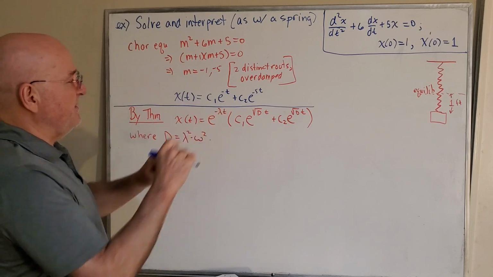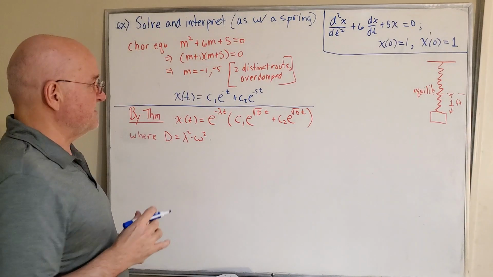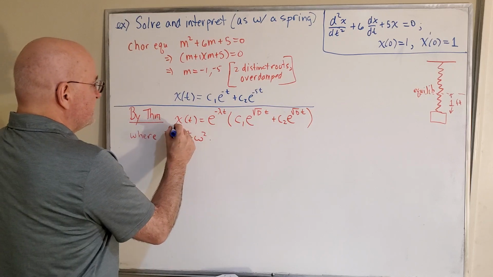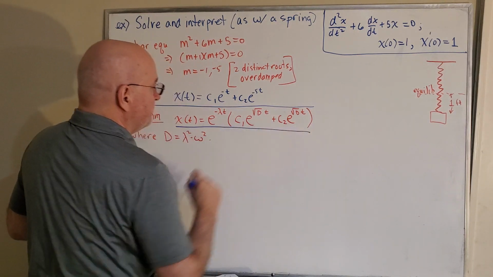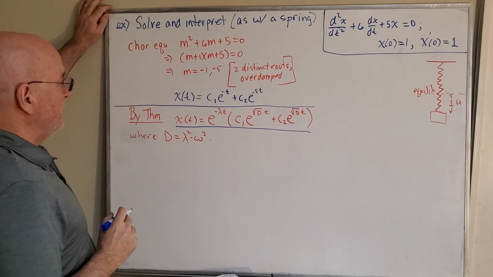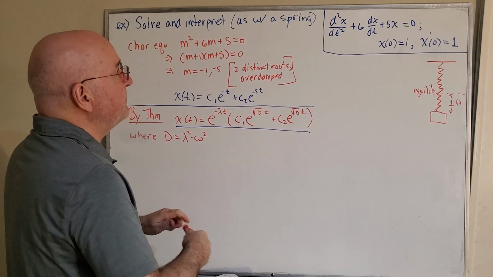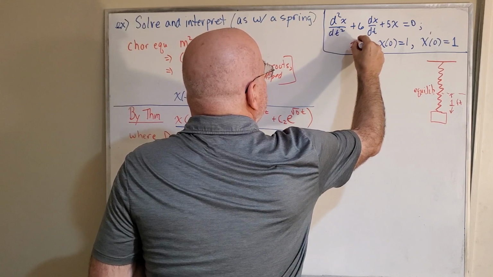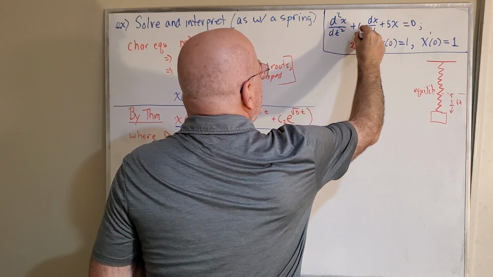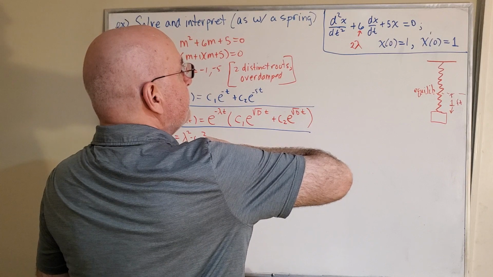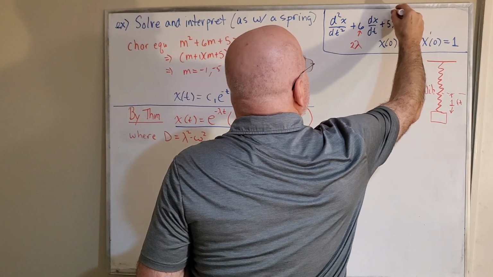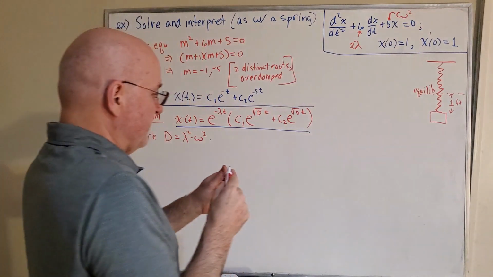But before we do that, let's take a look at what the theorem has to say about this. By the theorem, this is the solution. Well, remember, this number 6 in the theorem was 2 lambda, and the number 5 was omega squared.